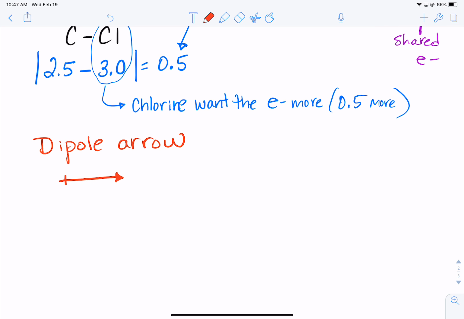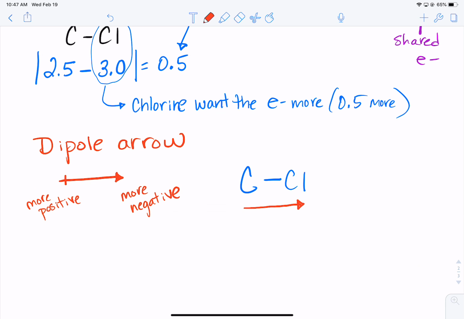And this is the more positive, and this is the more negative. And what I mean by that, so if we've got our carbon-chlorine bond, which one wants the electrons more? We said the chlorine. And so the dipole arrow looks like this. We put it toward the chlorine.